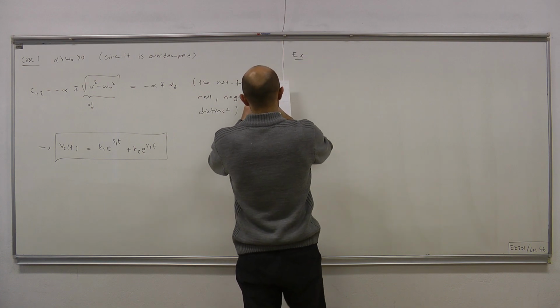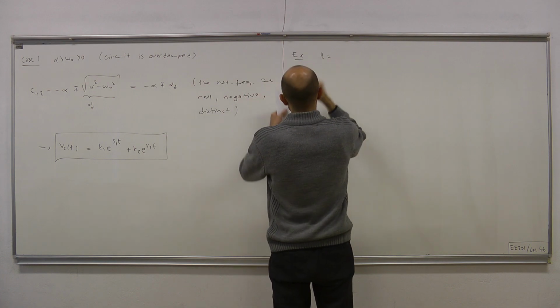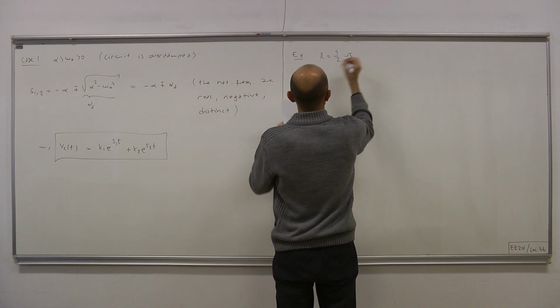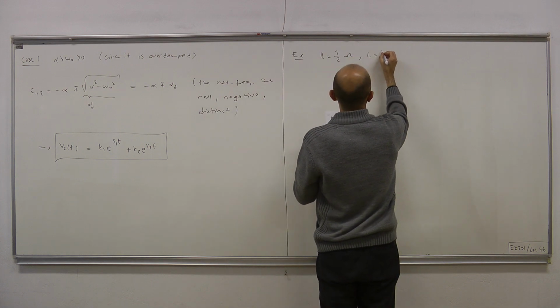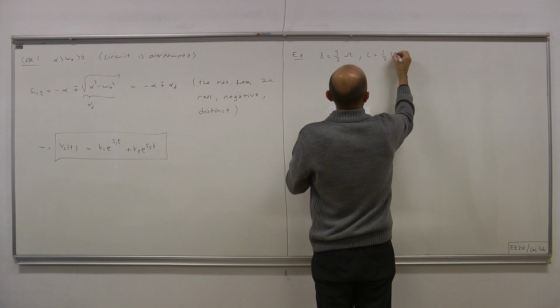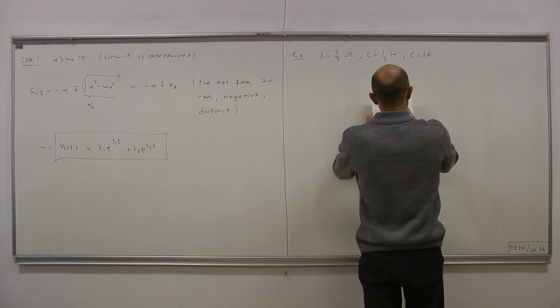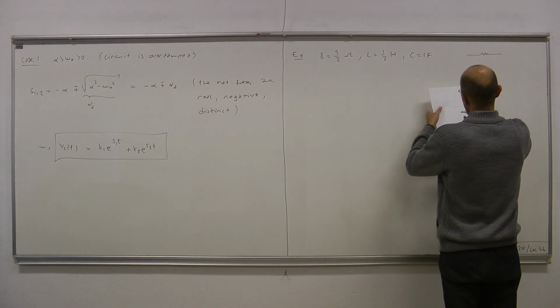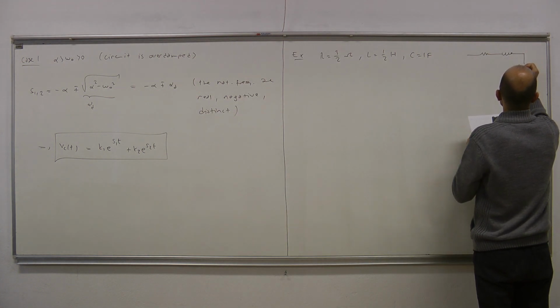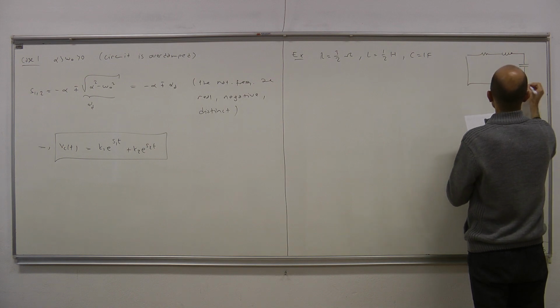Example: R equals 3/2 ohms, L equals 0.5 Henry, and the capacitance equals 1 farad. Remember that we're dealing with, for now, the series topology.